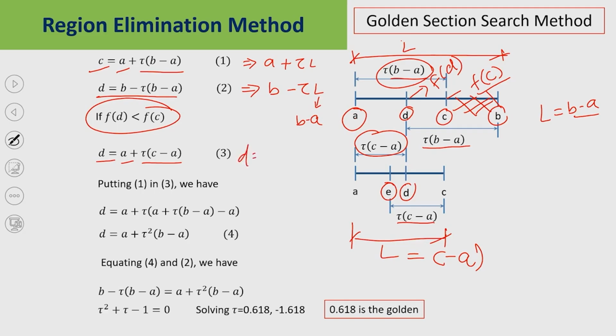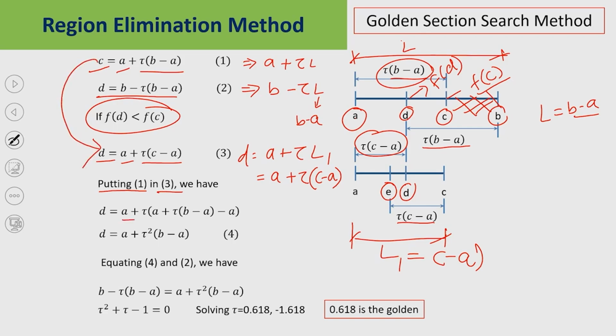So, D equal to A plus tau, suppose I say L1, so this is tau L1, which is equal to A plus tau times (C minus A), is not it. So, if I put 1 in 3, what am I getting?